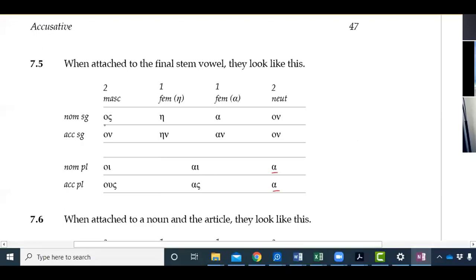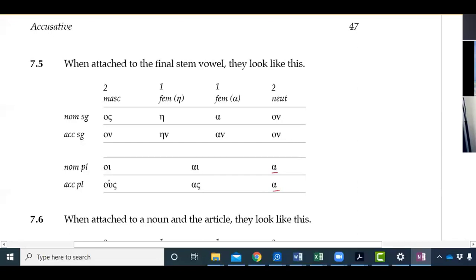So why don't you repeat after me? Os and on for the nominative and accusative masculine forms. A and an, or if it's an alpha stem, a and an. So we keep the same vowel, just add these case endings. And then neuter on and on, the nominative and accusative.